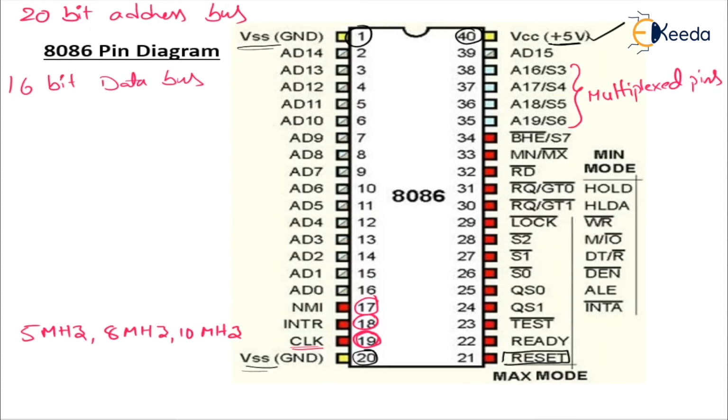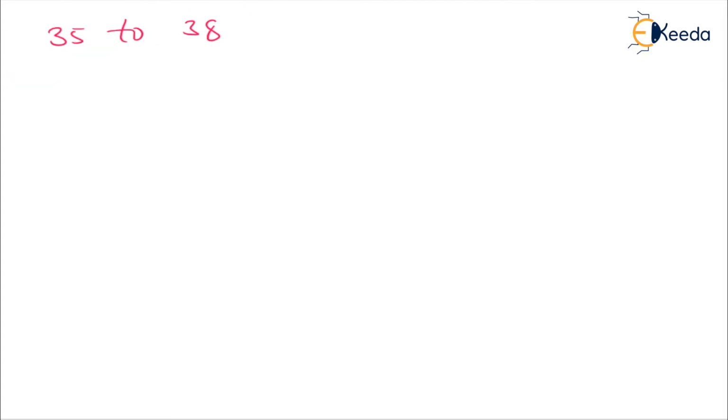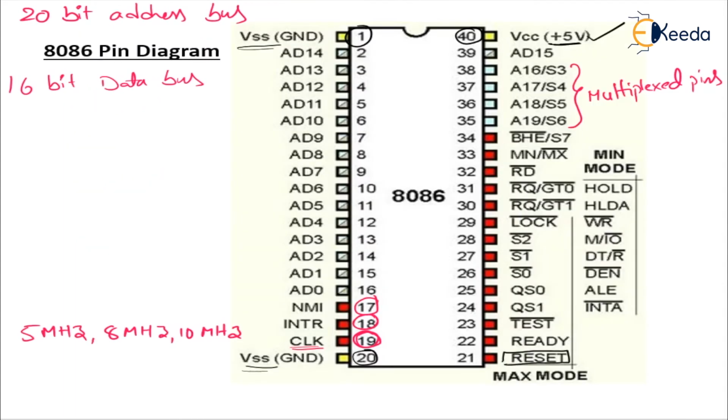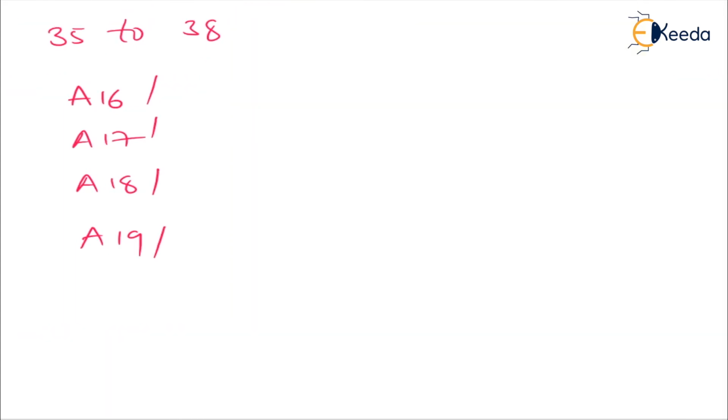These are A16, A17, A18, A19 slash S3, S4, S5, S6. So these are the available multiplexed pins.